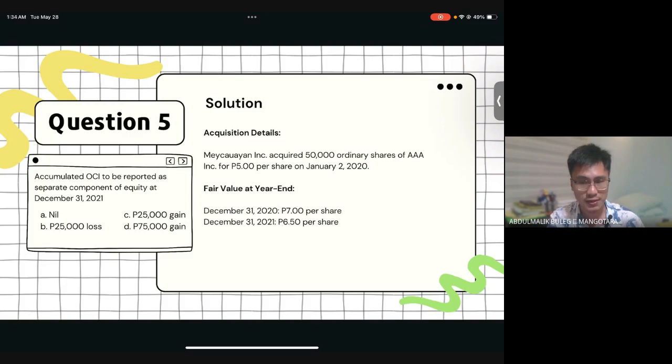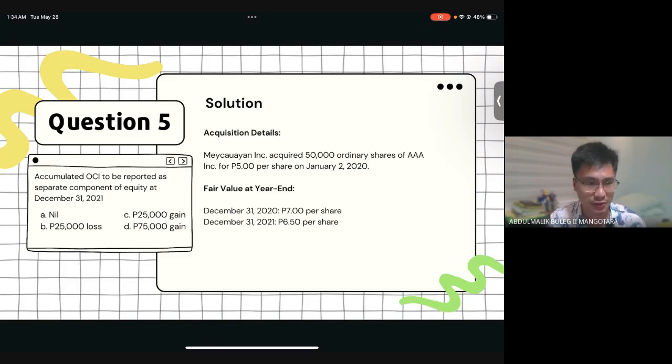So the first one is the identification of relevant information. So here, as you can see on the screen, the acquisition details are being given. Mikowayan Incorporated acquired 50,000 ordinary shares of AAA Incorporated for 5 pesos per share on January 2, 2020.